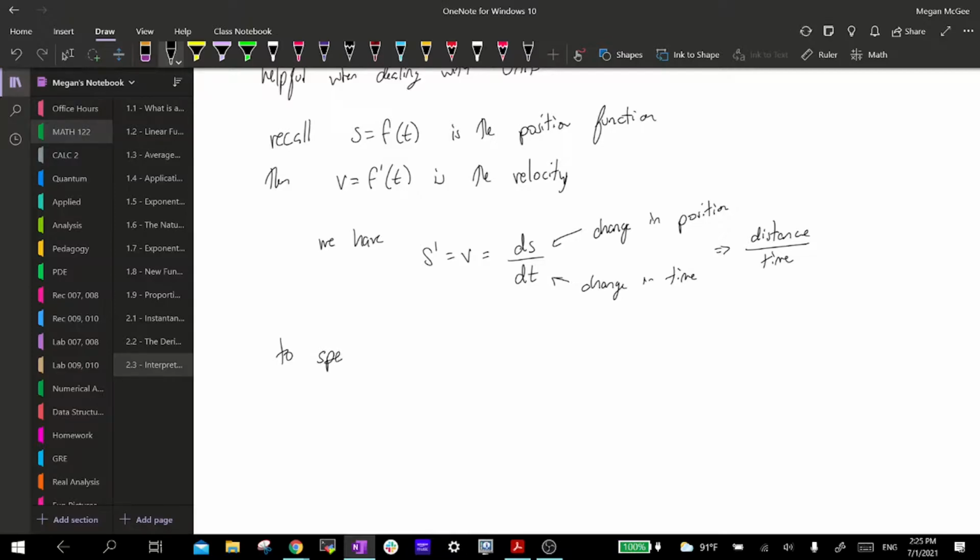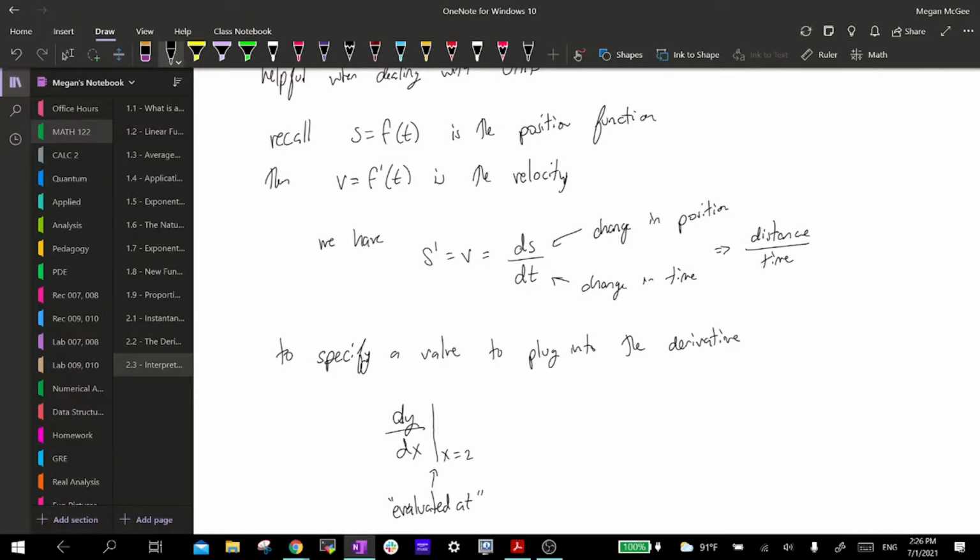So to specify a value to plug in the derivative in our Leibniz notation, we would say dy dx or ds dt, whichever variables you're using, and we write this long bar, and we read this bar as the words evaluated at, and then we'd write what we are evaluating it at. x is equal to 2, for example. So this is how we would specify that value.